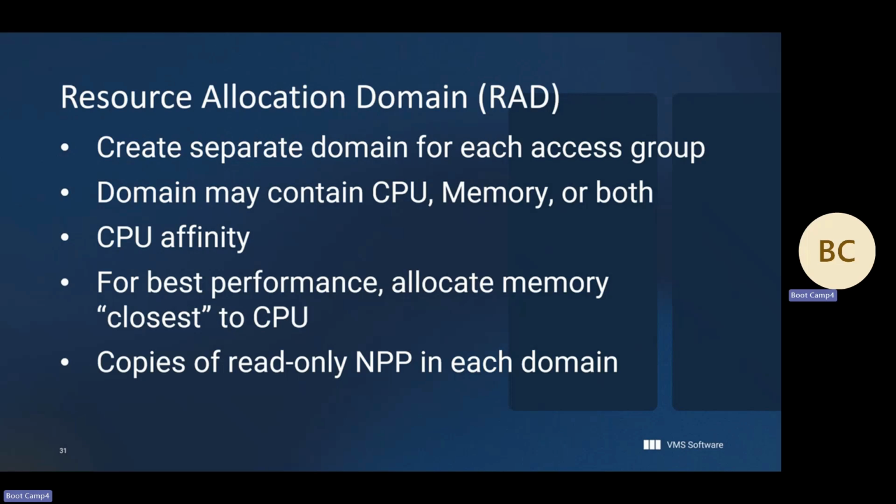And then for best performance, you allocate the memory closest to the CPU. And then we took a step further, which is non-paged pool is accessed all over the place. So for the read-only parts of non-paged pool, we duplicated it so that each domain had its own copy. So non-paged pool was as close as we could make it for your process.